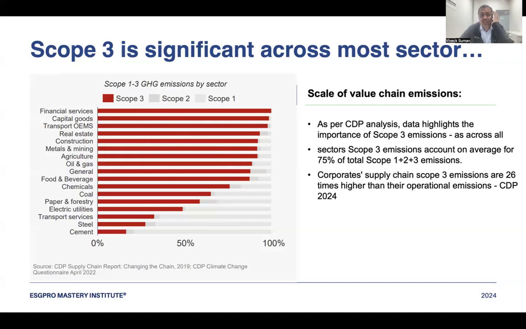That starts only after coal. Up to coal, it is around 60 to 70% scope 3. And after coal, paper, forestry, electric utility, transport service, steel and cement industry specifically lie with a lower share of scope 3. Here scope 1 and 2 take the larger share.